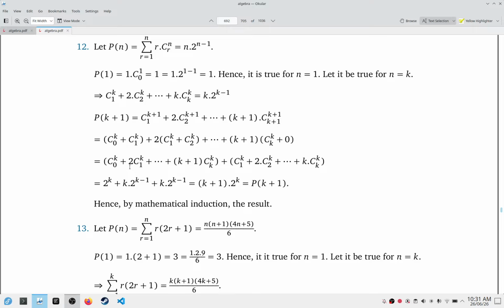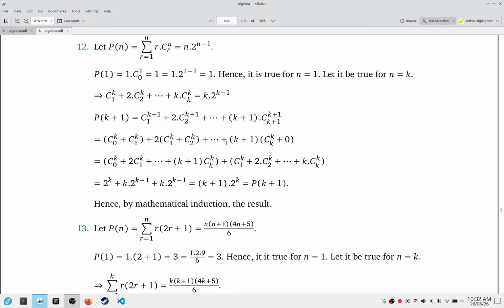So if you see this, this should be k, okay, or not. Let's check here. So this is k plus 1's kCk, okay. So if we write here k plus 1, this should be kCk, okay. This one should be k times kCk, okay.